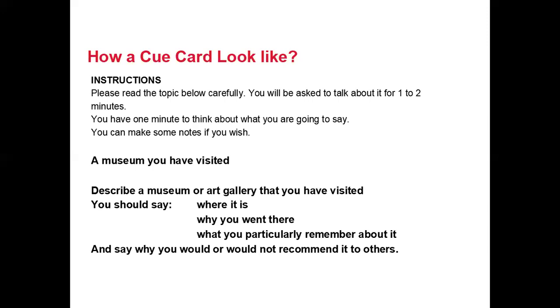For example, if we take the example of Pakistan, it is the National Museum and it is located at Baghdad, or while we went there, it was a school trip that was planned for 6 months and this and that. So you can add your details to those points, and these points actually help you to talk for 2 minutes.